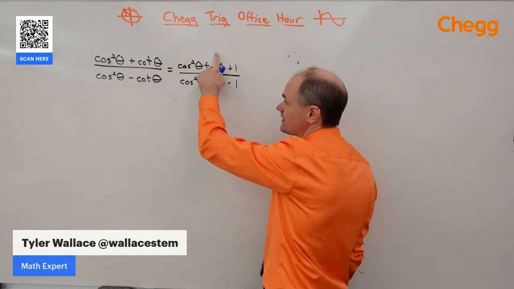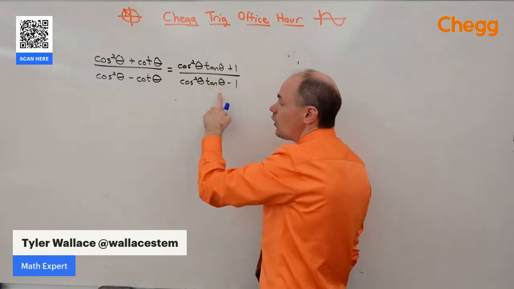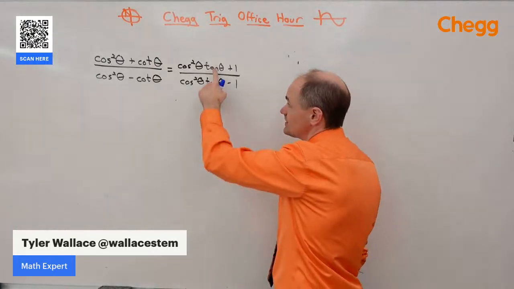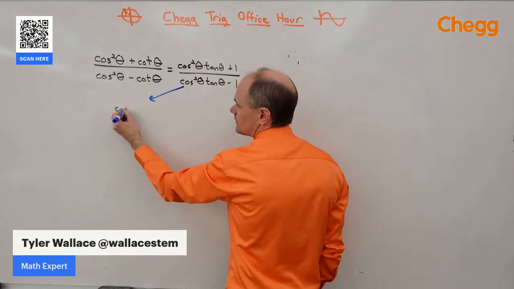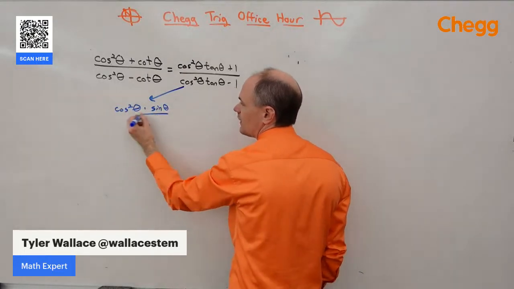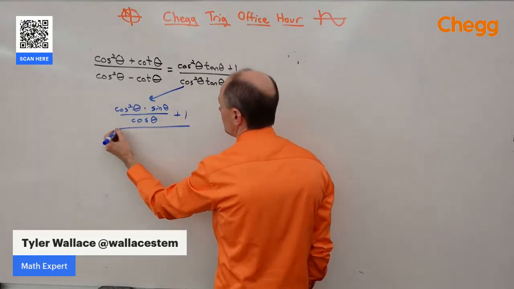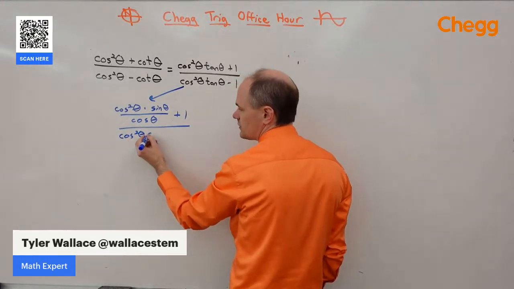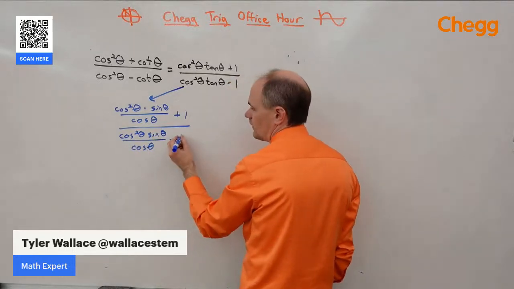We are manipulating this right side to try and make it look like the left side because this is a proof problem. So again, first thing I'm going to do is change everything to sines and cosines because tangent is sine over cosine. So I'm going to say cosine squared of theta times tangent, which is sine theta over cosine theta, plus 1 over cosine squared times tangent, which is sine theta over cosine theta, minus 1.